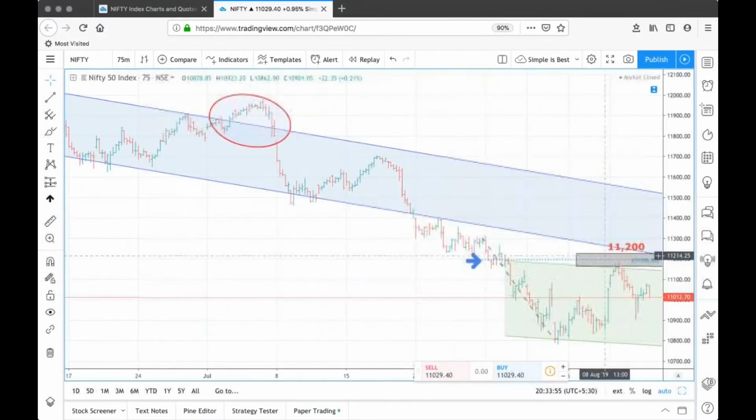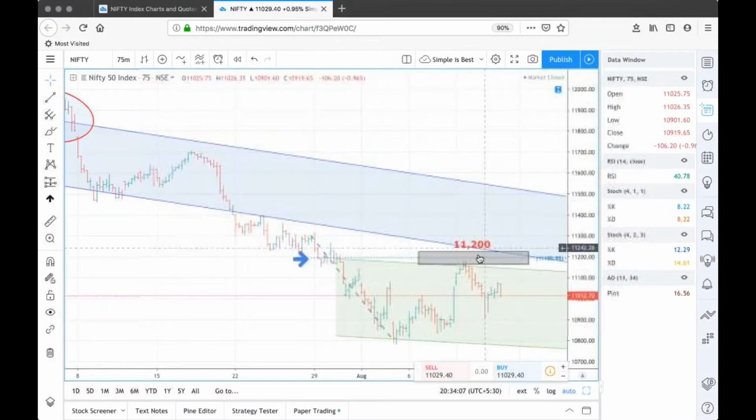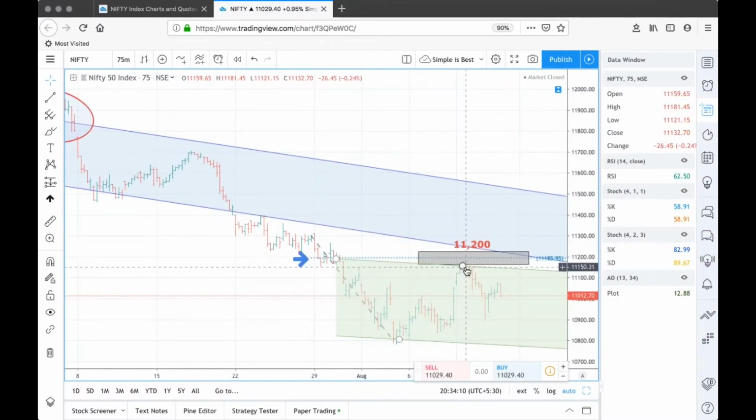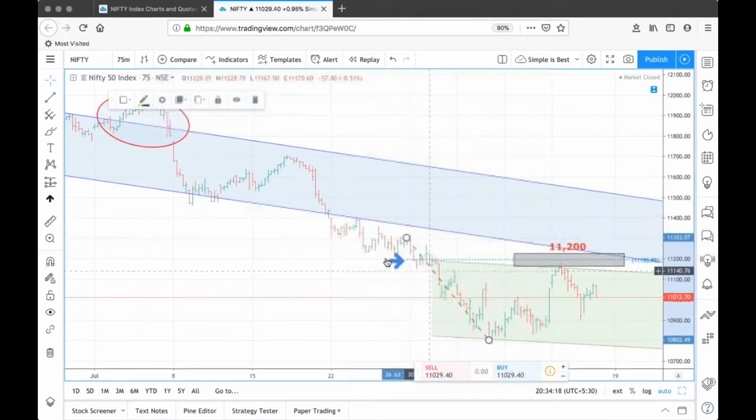This is the same gray zone which was drawn on the daily chart, and we were anticipating 11,200 max. Nifty Spot goes all the way up till 11,181, so around 19 points short of 11,200, but this is the zone, the 78.6 Fibonacci retracement, the blue arrow.